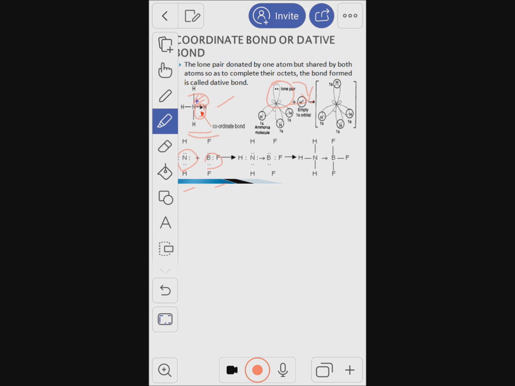And nitrogen has one lone pair, and this lone pair it gives to the boron atom, forming a coordinate bond like this, so as to complete the octet of both the atoms, nitrogen as well as boron. They share this lone pair with each other.